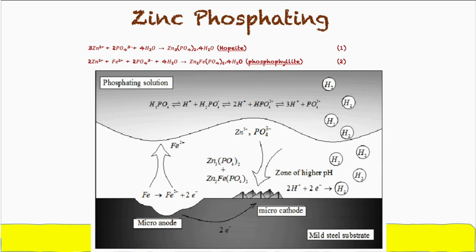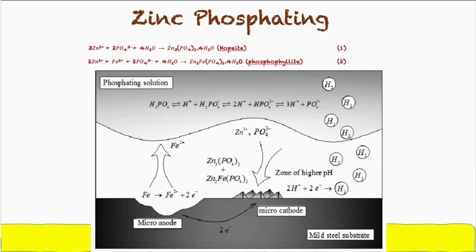These are the two chemical reactions wherein zinc and phosphate, in the presence of water or moisture, react to form Zn3(PO4)2, which is hydrated and is called hopeite. It appears as a mesh of crystals which adheres tightly to the surface and increases the surface area on the microscopic scale.